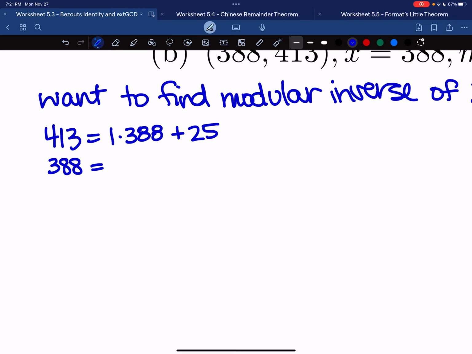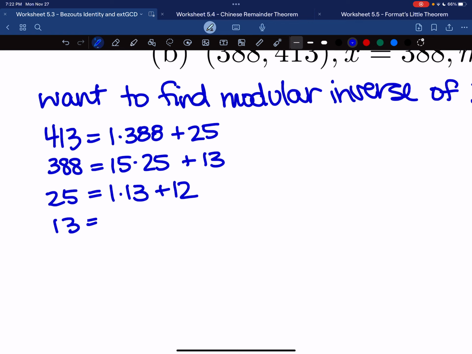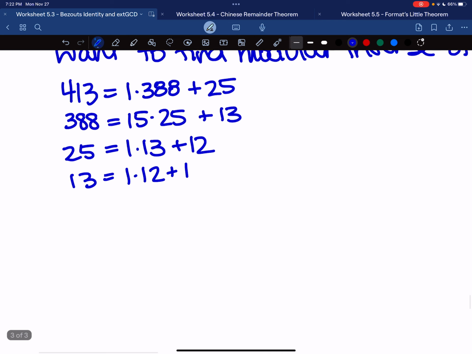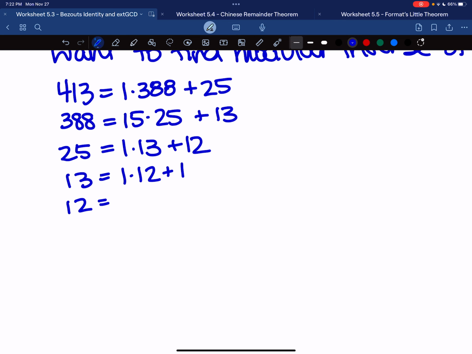We can fit 10 of them is 250, 15 of them is 375, and then we've got 13 left over. And then 25 is equal to 1 times 13, we can't fit 2 of them, plus 12. 13 is equal to 1 times 12 plus 1. 12 is equal to 12 times 1 plus 0.